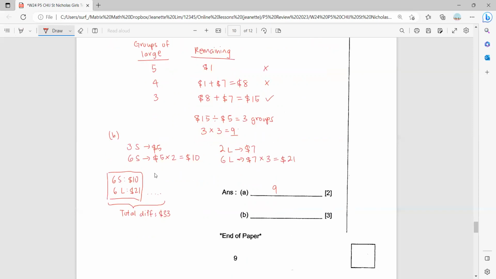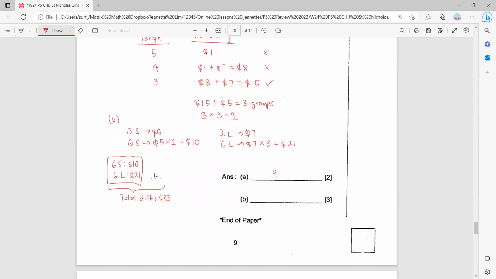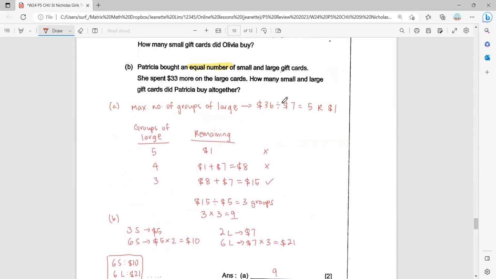Then I will find the difference in one group: 21 minus 10. Then next, I'll find the number of groups. I take $33, divided by the difference in one group, which is 11. I'll get 3 groups. Now, what's the question asking for? How many small and large gift cards did Patricia buy altogether?